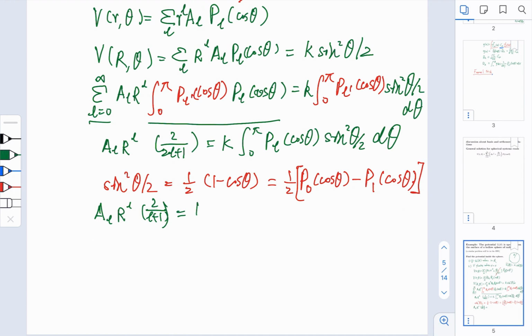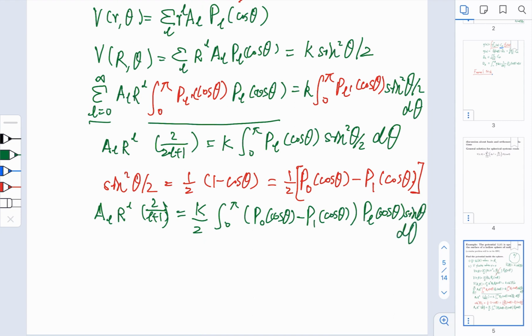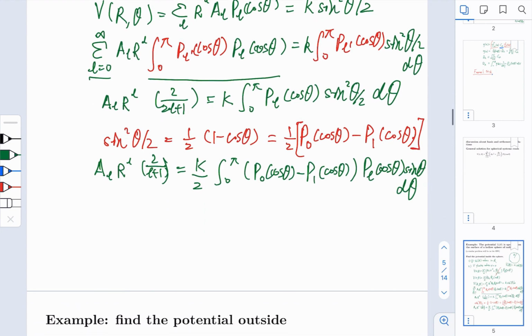So now in principle, you have to do this using the orthonormal relation that we got before.